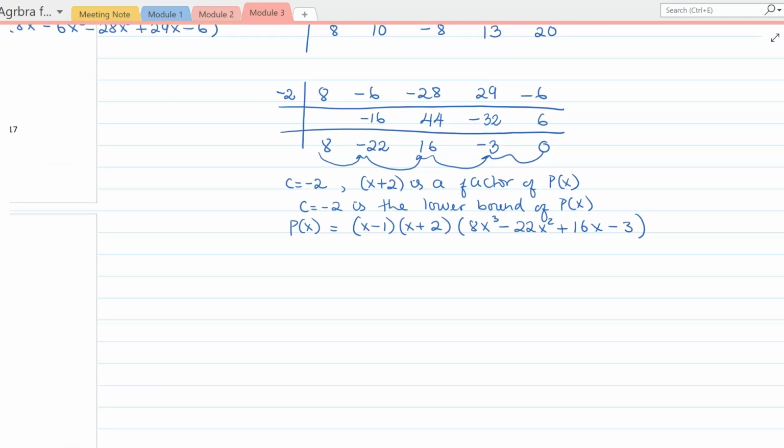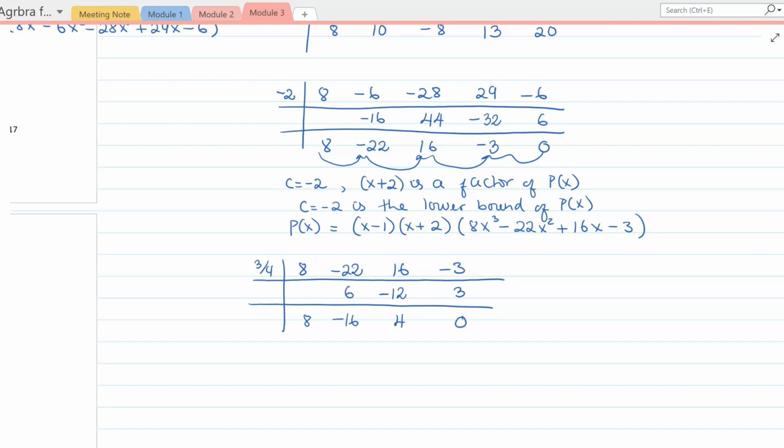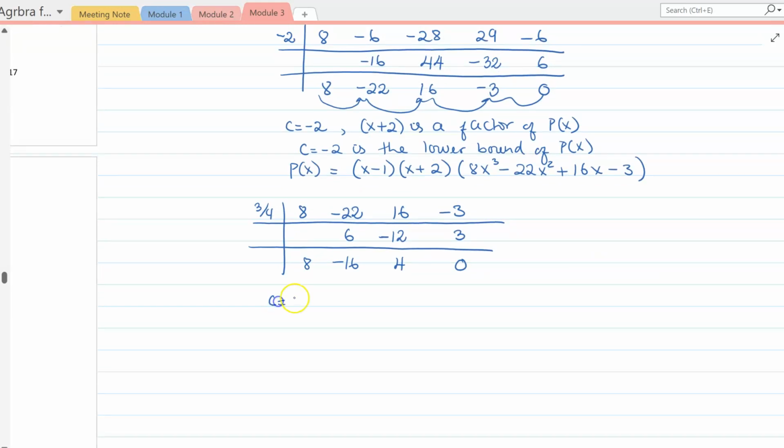Again, we perform this on the smaller polynomial: 8, minus 22, 16, negative 3. So c equal to 3/4 is a zero of p of x.